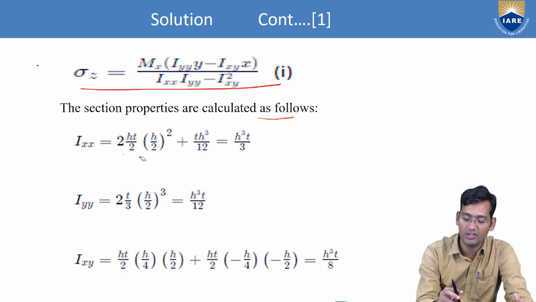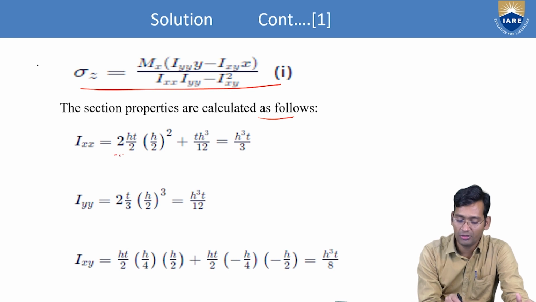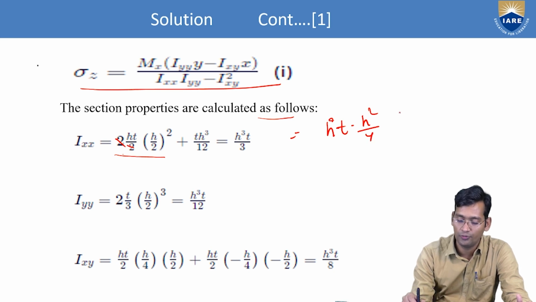2 into h t by 2 into (h by 2) whole square, plus t h cube by 12. After simplifying, the 2 cancels, so h t into h square by 4, plus t h cube by 12. So you get t h cube by 4 plus t h cube by 12. After taking the LCM, 12: 3 t h cube plus t h cube, so 4 t h cube by 12.